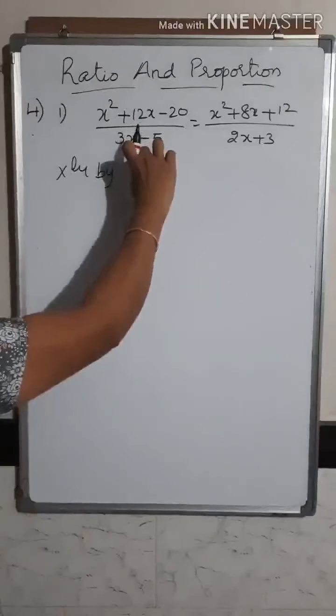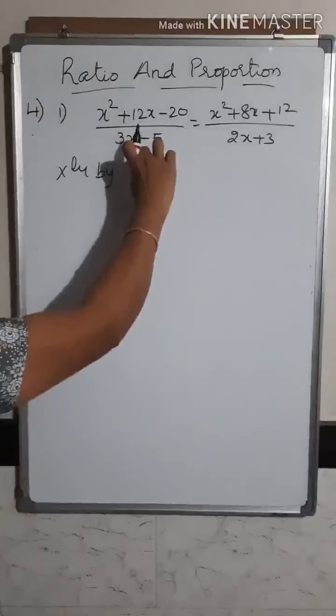Third problem. Take the third one. 10x square plus 15x plus 63 upon 5x square minus 25x plus 12 is equal to... now this is the problem.